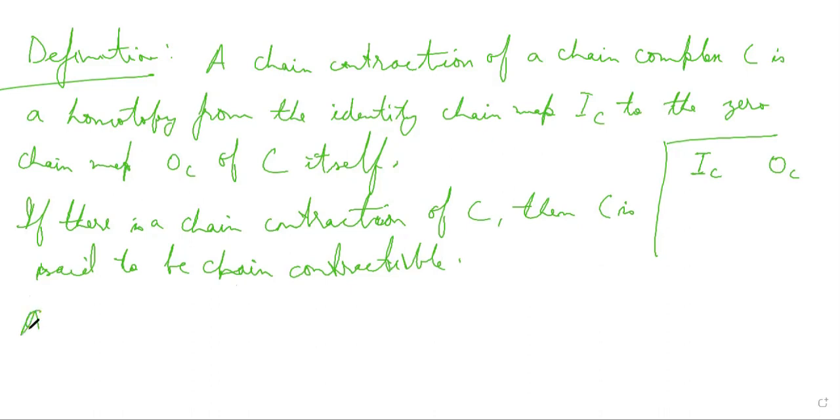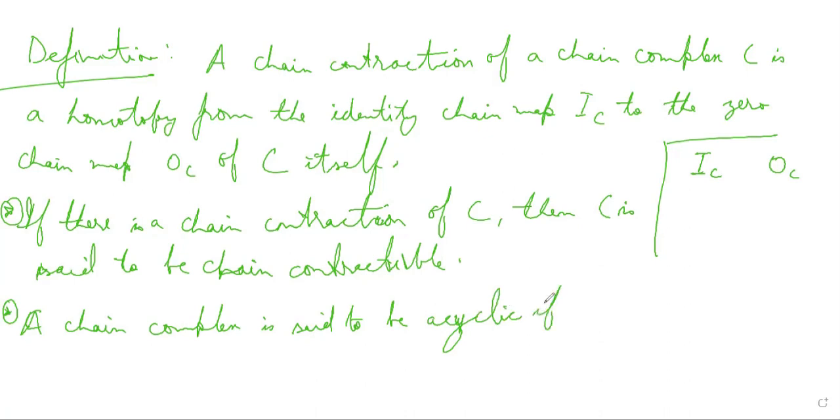A chain complex is said to be acyclic if H_q(C) equals 0 for every q.